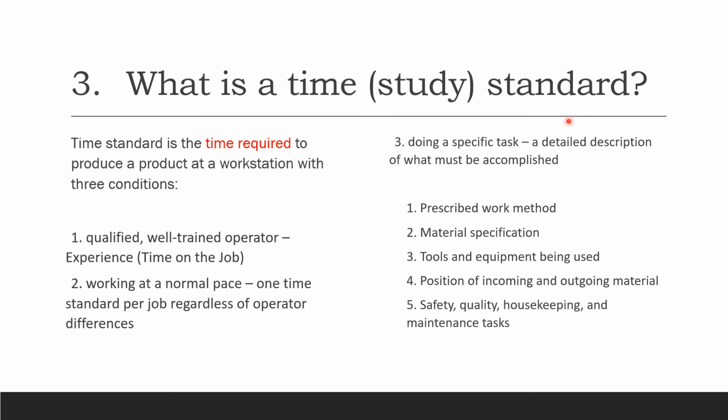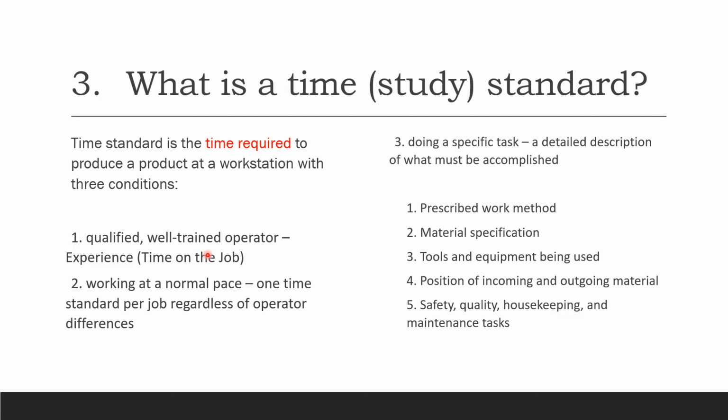Time standards come from time study. What is it? Again, it's the time required to produce a product at a workstation. We are studying and measuring the time it takes to produce a product, not the entire production line. It's at a workstation. Look at the conditions.